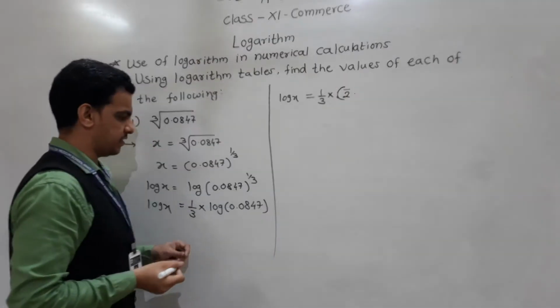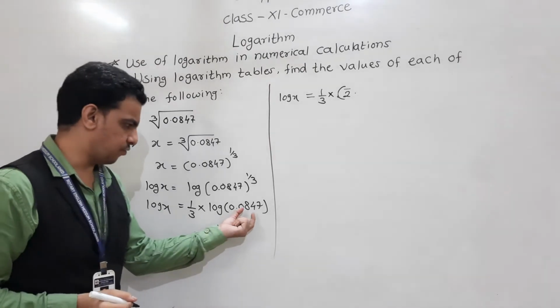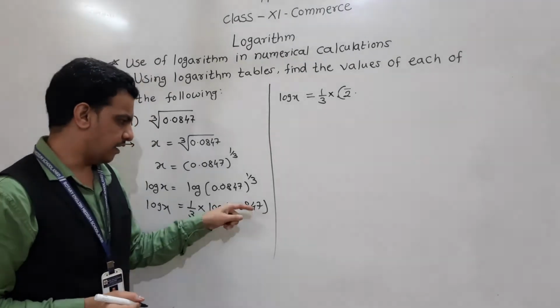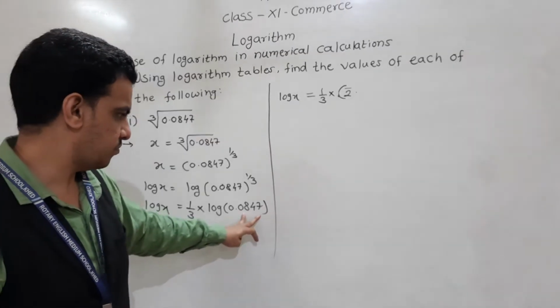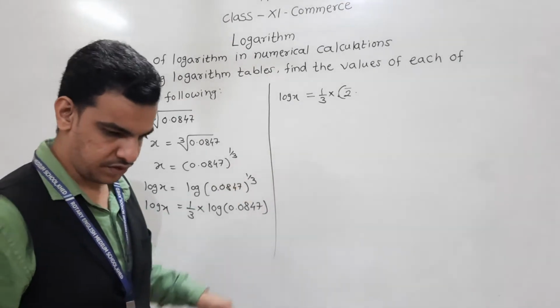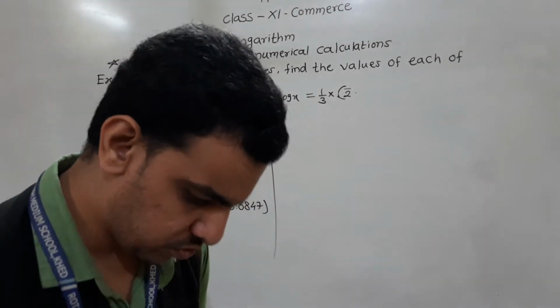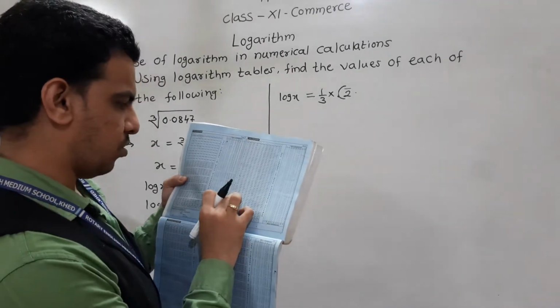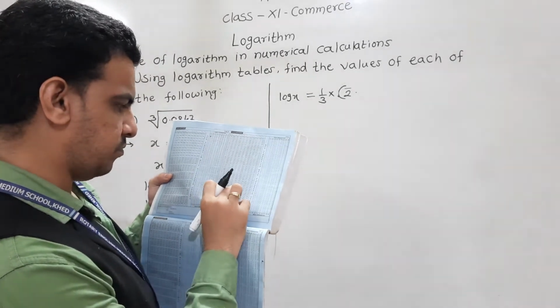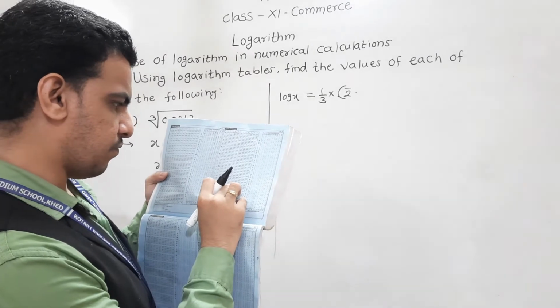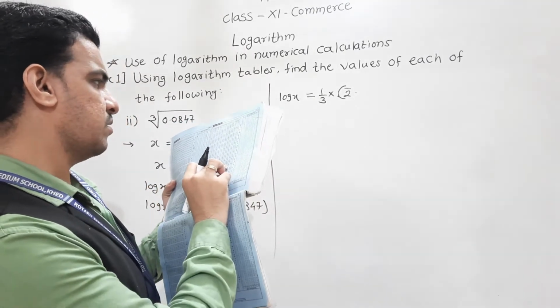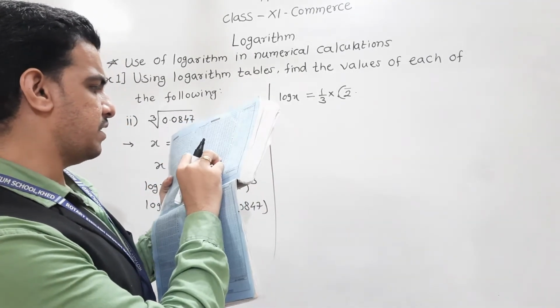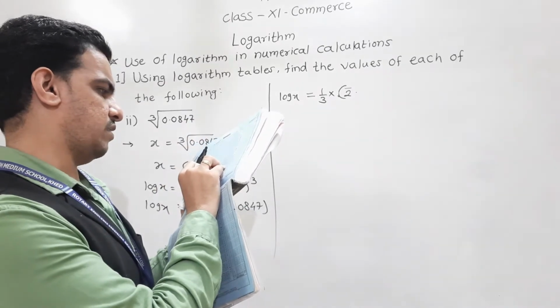Now we have to find the mantissa. So in the 84 row, we have to see the number in the column headed by 7. So in the 84th row, in the column headed by 7, the number is 9279.